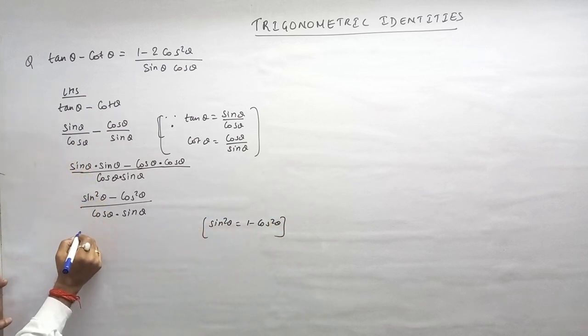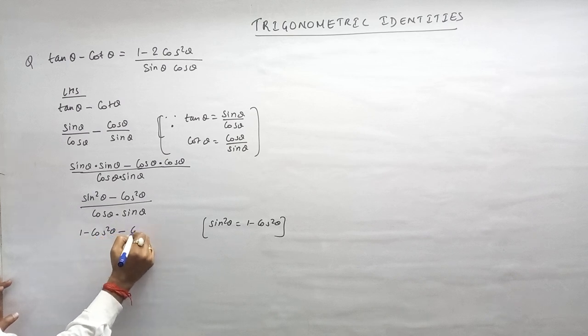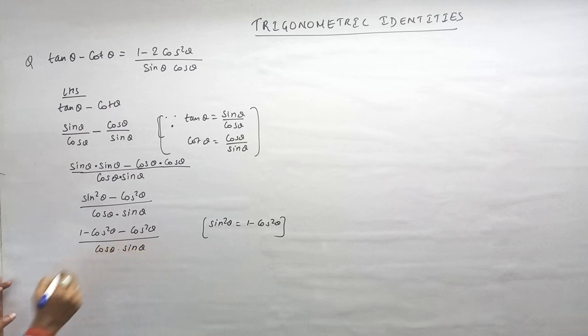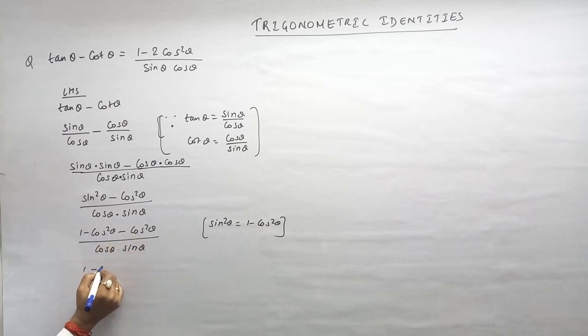So instead of sine square theta, I'll write 1 minus cos square theta minus cos square theta divided by cos theta sin theta. Okay. So this is minus cos square theta minus cos square theta, right? This will be equal to 1 minus 2 cos square theta divided by cos theta sin theta, right?